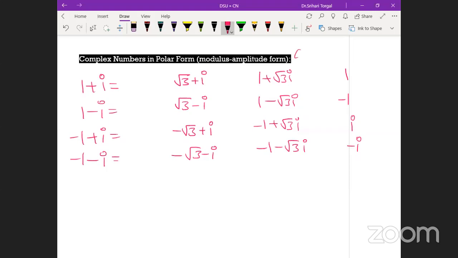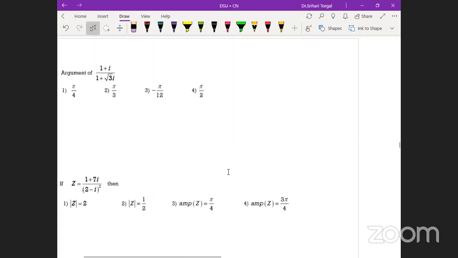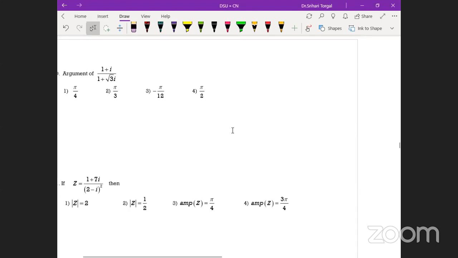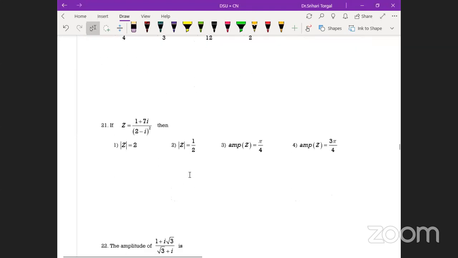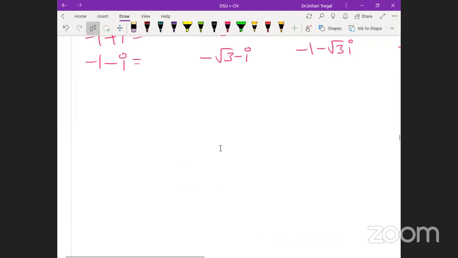These are the 16 forms. You have to remember them. It's very important. If you remember all these, you will be able to solve all the problems, and this will make it very easy. You can easily solve all the problems of argument type and also the modulus amplitude type problems.